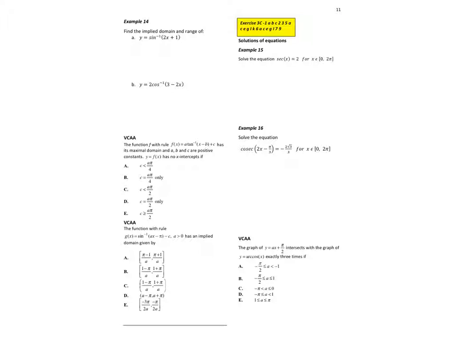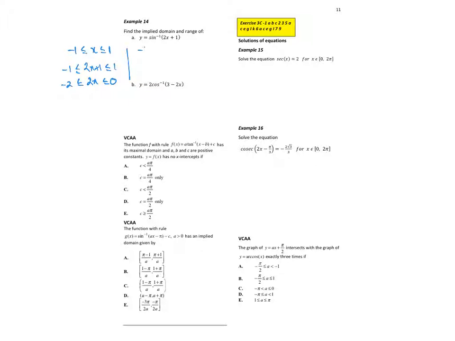All right, find the implied domain and range of. Let's work through a couple of these. So again, what's my standard sine graph? Its normal domain is -1 is less than or equal to x, which is less than or equal to 1. So 2x plus 1. Subtract 1 from both sides. -2 is less than or equal to 2x, which is less than or equal to 0.